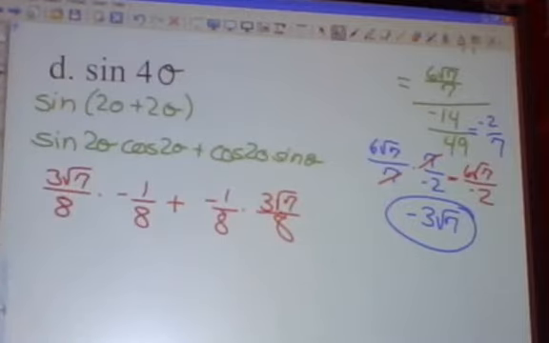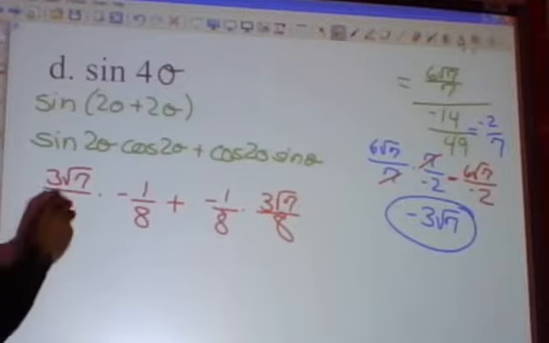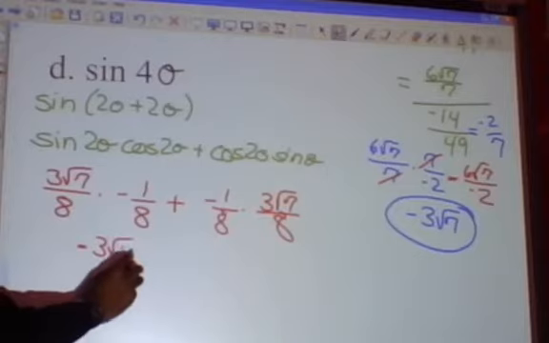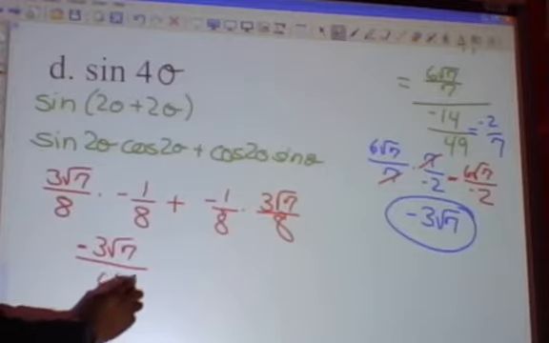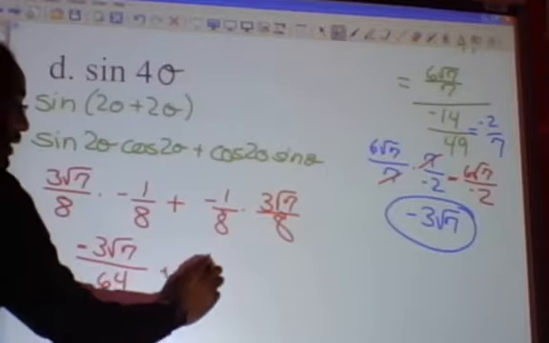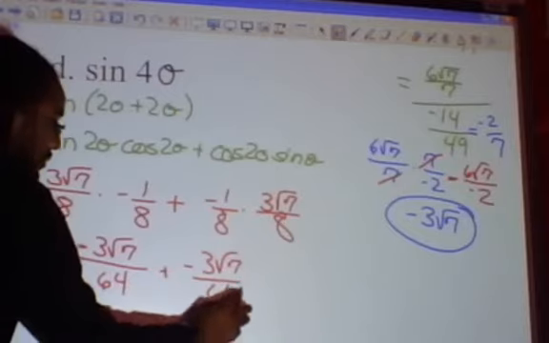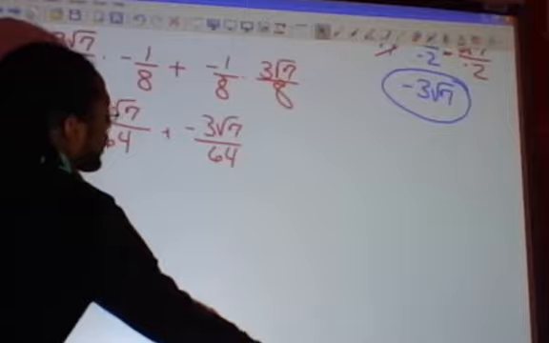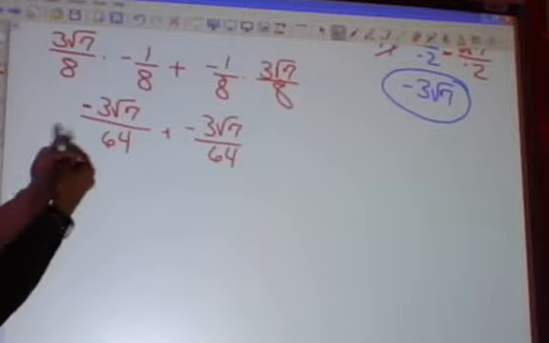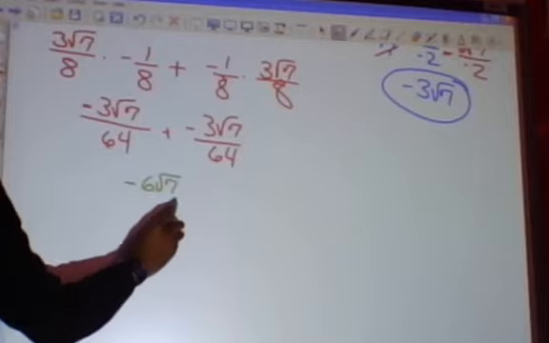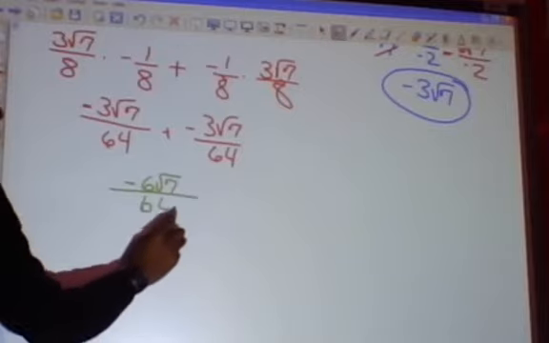So we combine them, this would be negative 3 square roots of 7 over 64 plus negative 3 square roots of 7 over 64. Then combine them together once again, so that would be negative 6 square roots of 7 over 64.